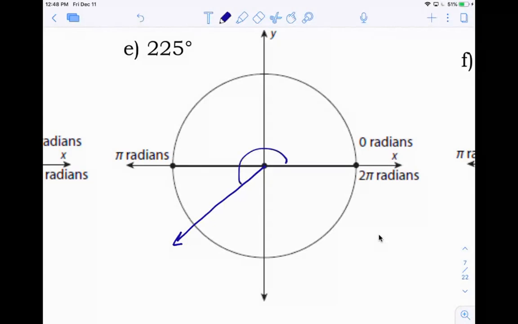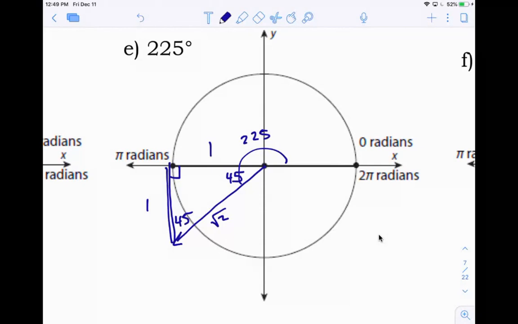So here's that 225. Now remember, I know it's tempting to want to draw it to the y-axis, but we still want to go back to the x-axis, always to the x-axis, just because that's what we did in the first quadrant. And now we see that double reflection. We have 45-45, and we can use a 45-45 right triangle.